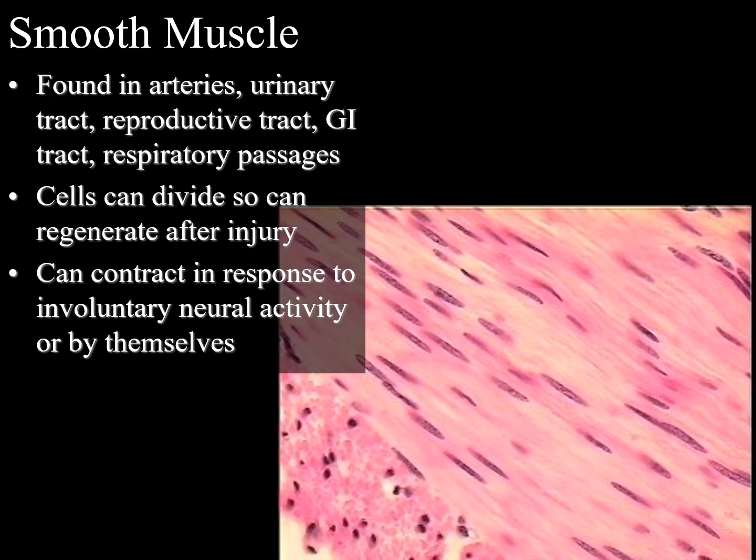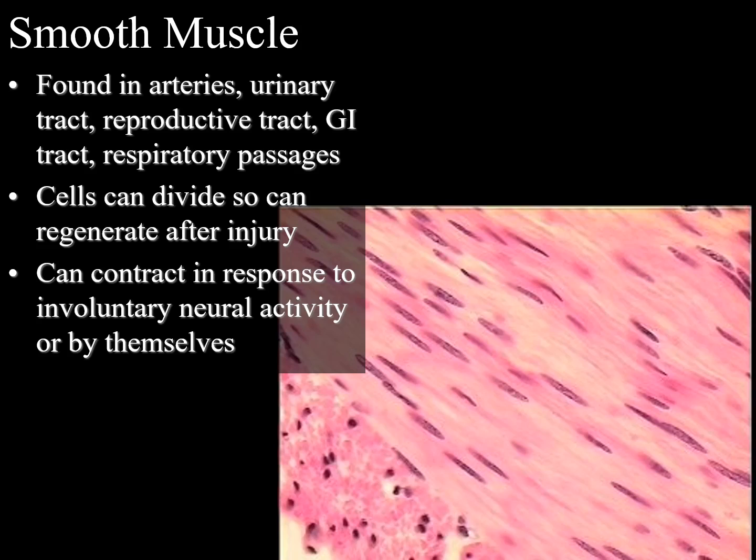There are little rings of smooth muscles around arteries that are controlling the blood flow into certain areas of your body, into capillary beds, so they can shut down the flow or open up and release more blood into certain areas of your body. These cells are able to do mitosis and divide and cytokinesis.